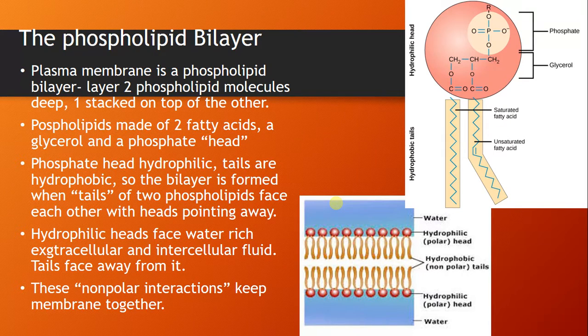So the most important part of the plasma membrane is the phospholipid bilayer. Bilayer means two, so two layers of phospholipids, one stacked on top of the other.